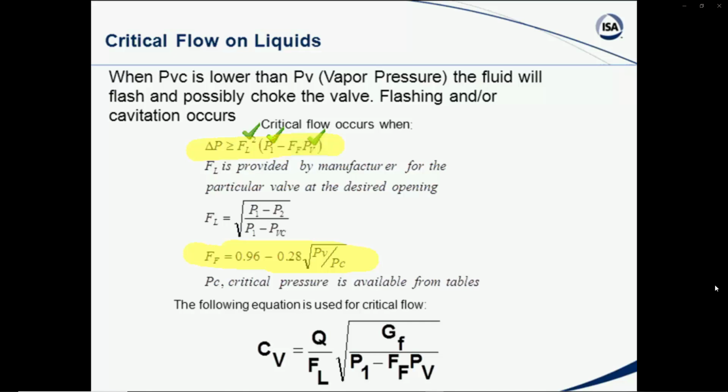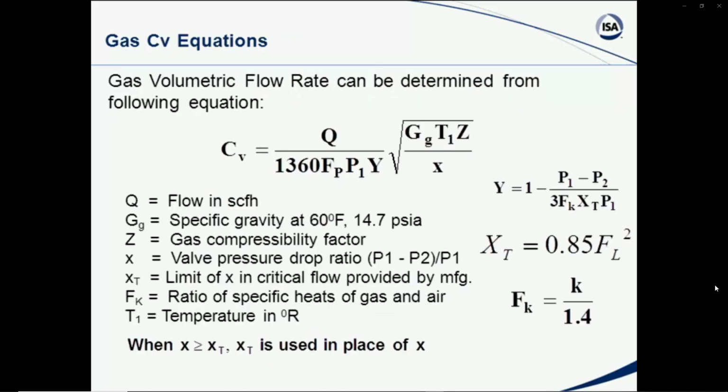For instance, on water that's 3,206 psi. That enters into it to a degree also, but primarily the F sub L is what determines how well that valve is going to function in a severe pressure drop situation. So all we're saying is that there is a point where, with any additional pressure drop, you're choking the valve and you're not able to move any more liquid through that valve.